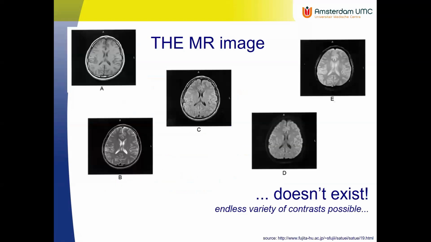And then my last slide actually is similar to the first one that I showed. And basically, I guess you roughly get an idea now why the MRI image doesn't exist. But you know something about the settings, the tuning of the scanner, how you can get the different contrasts.